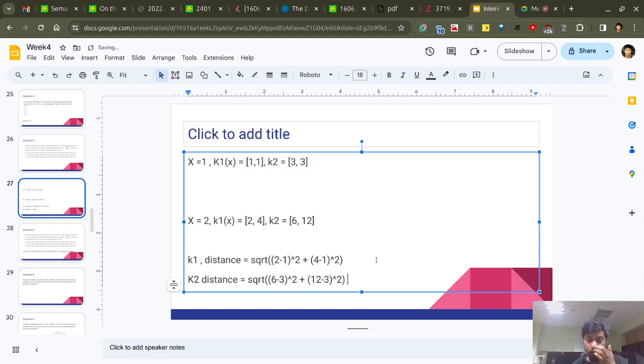Let's find them. For k1, square root of 2 minus 1 whole square, which is 1, plus 4 minus 1, which is 3, whole square, which is 9. So you want to find the square root of 9. Let's find out the square root of 9.